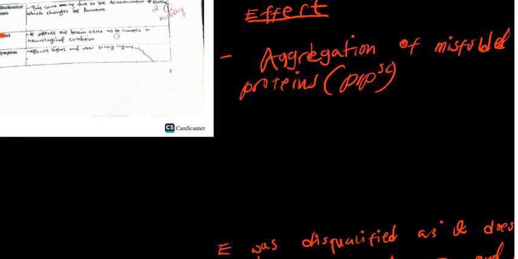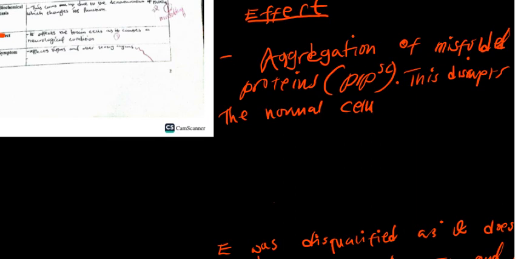The normal function, the normal cellular function, and it causes neurodegeneration, which is just the damaging of brain cells, leading to neurodegeneration.